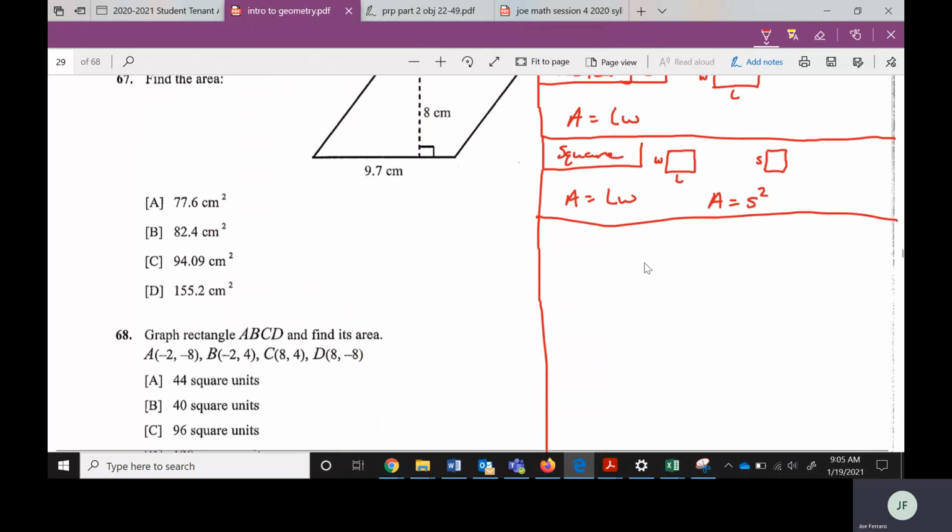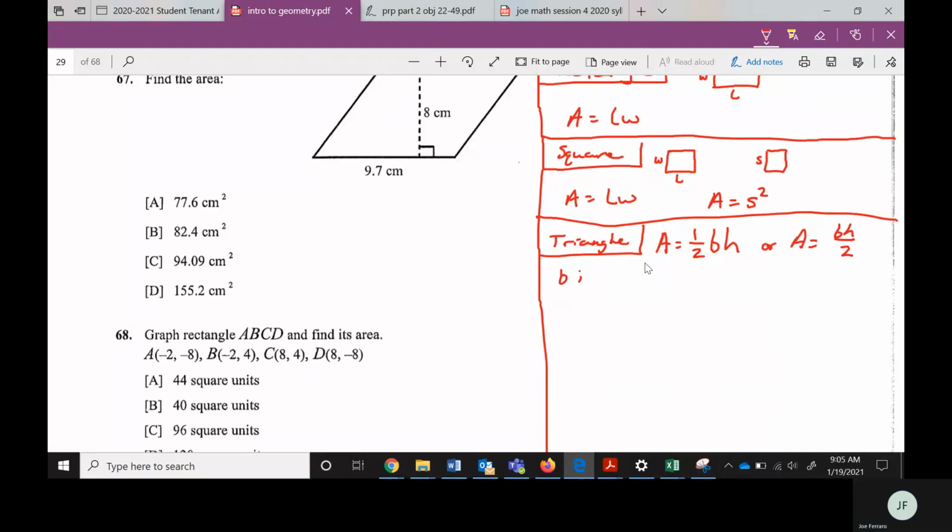Next one, triangle. There are 2 versions we're going to look at. Area equals 1/2 B times H, or you can say B times H divided by 2, as those are the same thing.